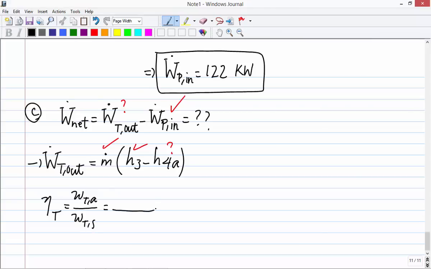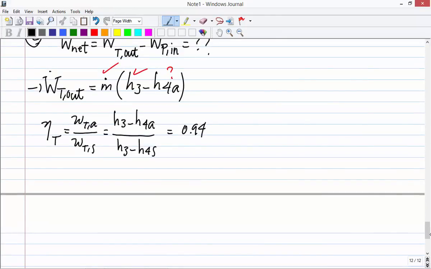Just in case you got confused, that would be H3 minus H4a over H3 minus H4s, which is 94%. And I'm looking for H4a. I know that.